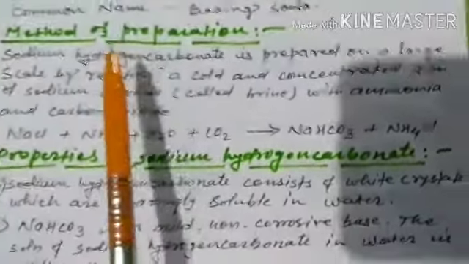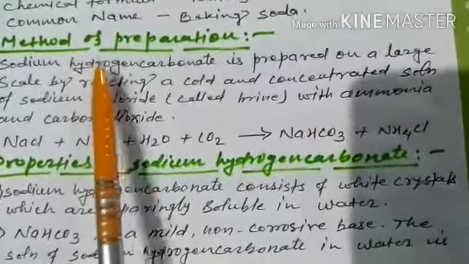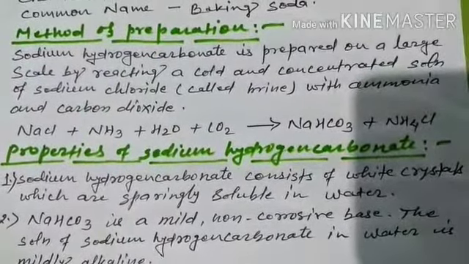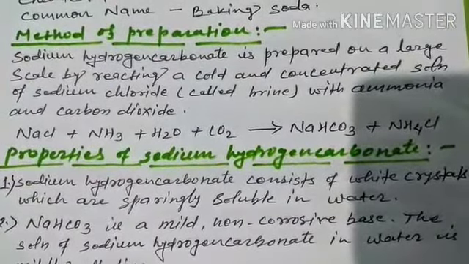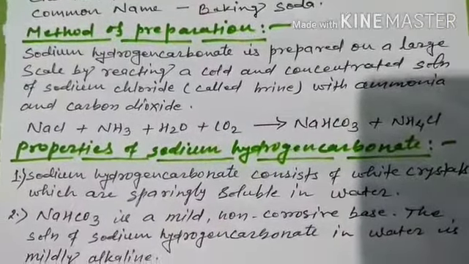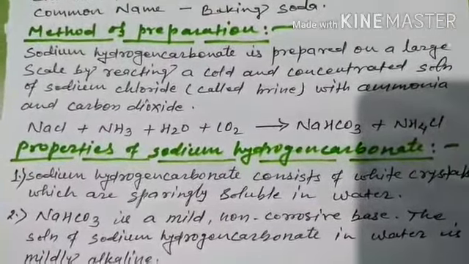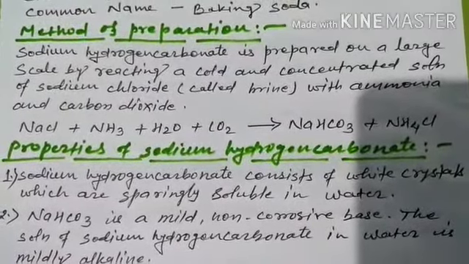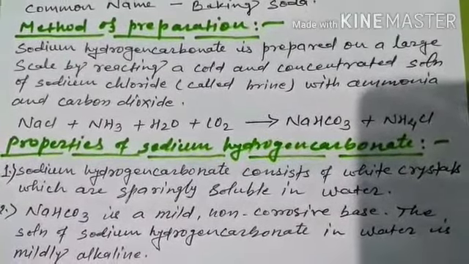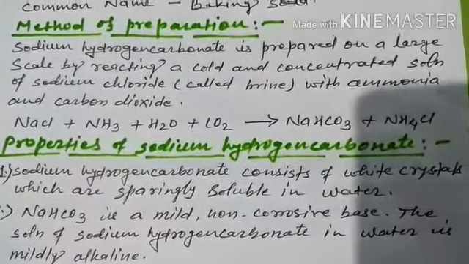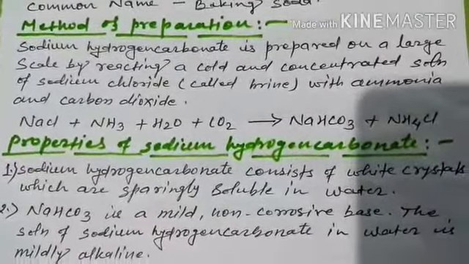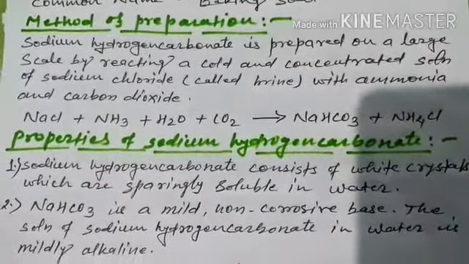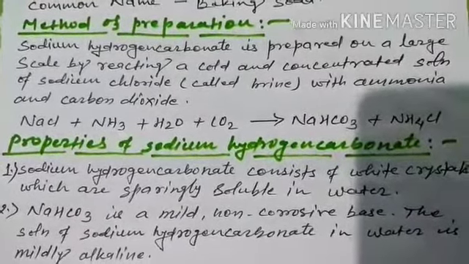Now, method of preparation. Sodium hydrogen carbonate, meaning baking soda, is prepared on a large scale by reacting a cold and concentrated solution of sodium chloride, called brine, with ammonia and carbon dioxide.